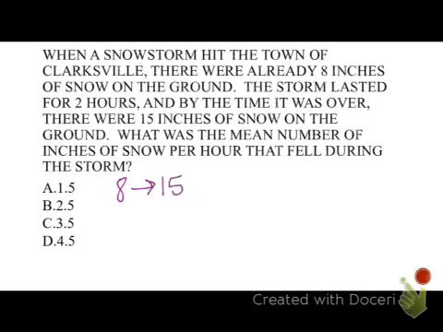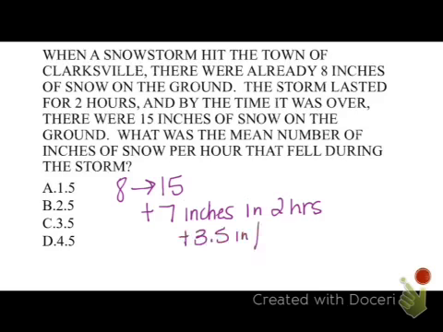So we had an increase of 7 inches in 2 hours. So if we were talking about the mean number of inches per hour, we would take 7 and divide it by 2, meaning we had an increase of 3.5 inches per hour.